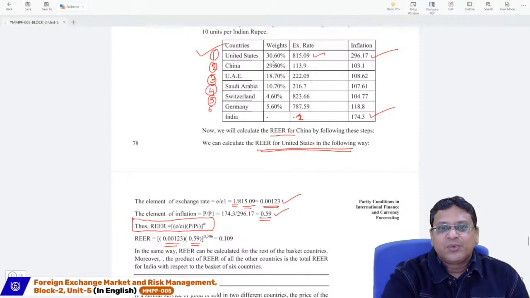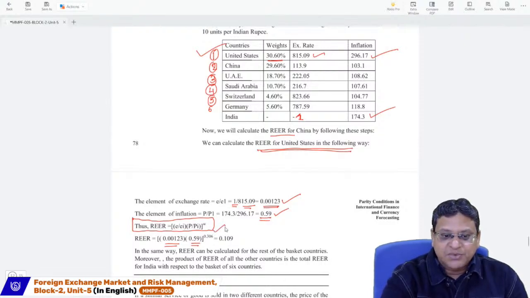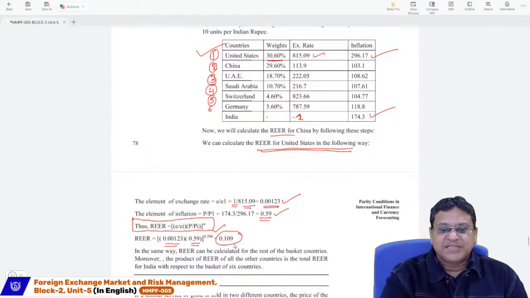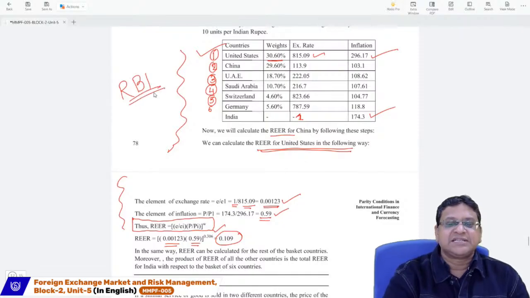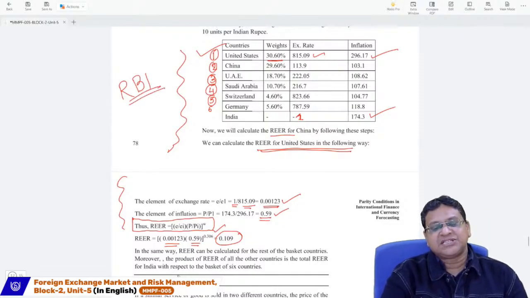Just look at the weight. Weight of USA is 30.60%, that is 0.306. We calculate the figure, that is 0.109. In this case, we can calculate the REE in India, which is given by the Reserve Bank of India.